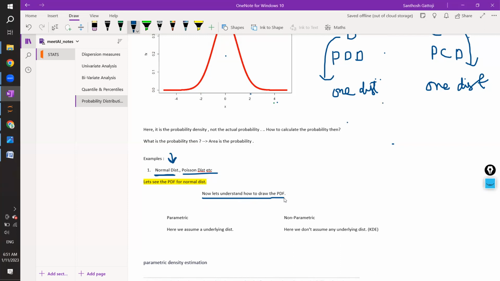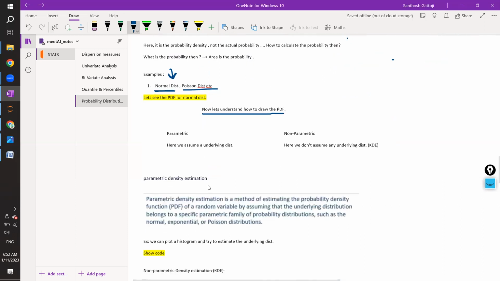We can have a look at the data, let's say using a histogram, and based upon that we assume that this might be similar to a normal distribution, or this might be similar to a Poisson distribution. That comes under parametric density estimation, PDE.